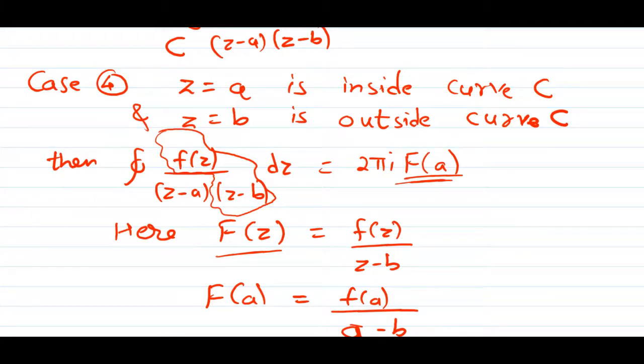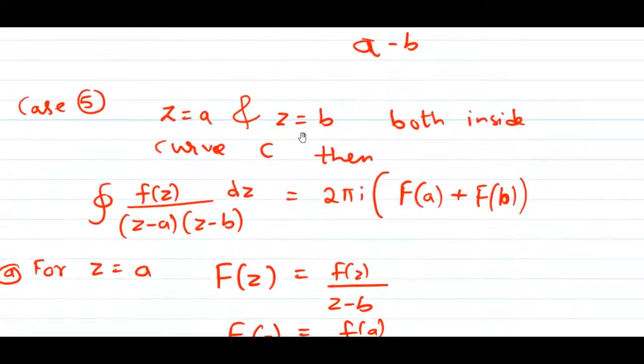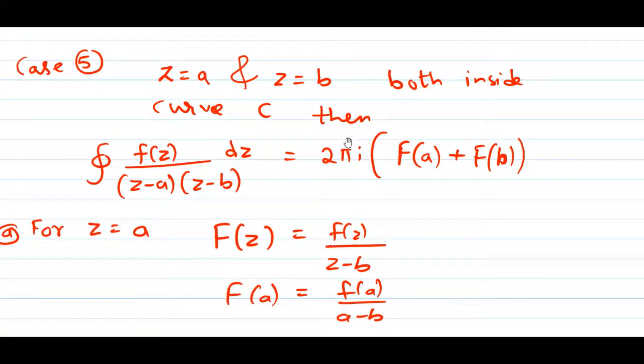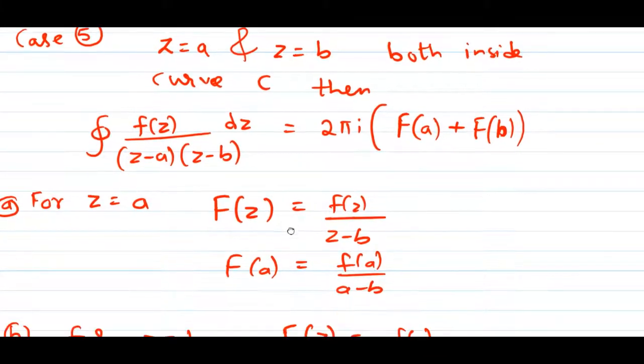Now case number 5, that both the points are inside the curve C. Both the points are inside curve C. Then the integration answer is 2 pi i times capital F of a plus capital F of b. Now when you are calculating capital F of a, in that case your capital F of z will be small f of z upon z minus b.